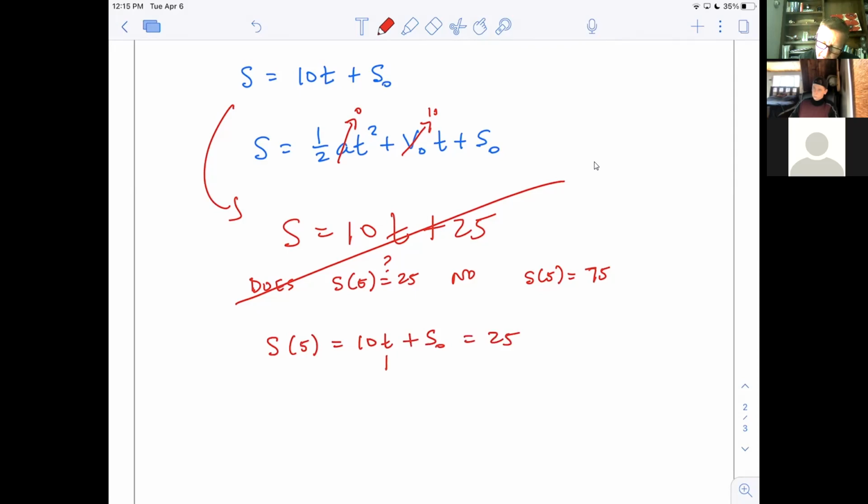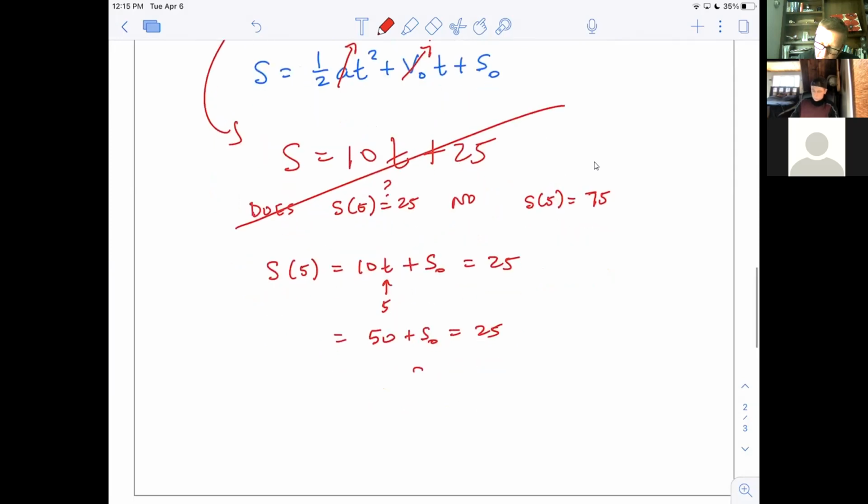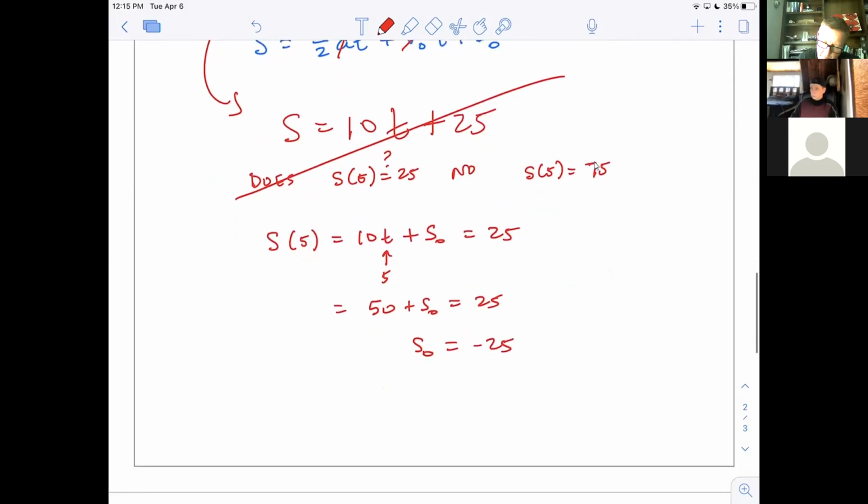So if I throw 5 in here, then I end up with 5 times 10 is 50. I need 50 plus the initial position to be 25. That means the initial position would have to be negative 25. So my position equation during this period of time is actually 10t minus 25. It's very tricky.